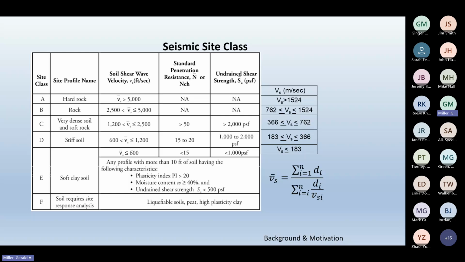You can look at a weighted average shear wave velocity itself, which is probably one of the better approaches since shear wave velocity is directly related to ground response and seismic analysis. You can use a weighted average N value, and you're basically weight averaging over the upper 100 feet of a profile.